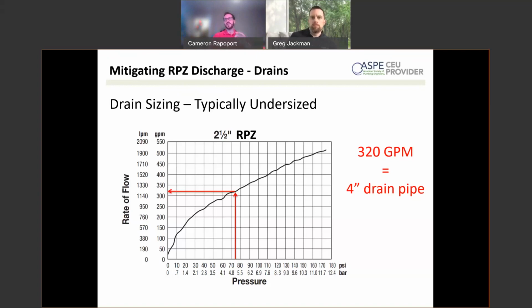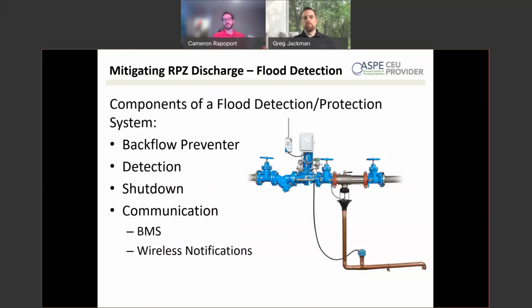But one thing you can do is use these flood detection systems. So there is automatic shutdown available. I'm not going to talk about it here because you wouldn't use that in a fire protection system. But a couple of different manufacturers, and these are commercially available from competitors as well, have ways of monitoring discharge coming out of the RPZ.